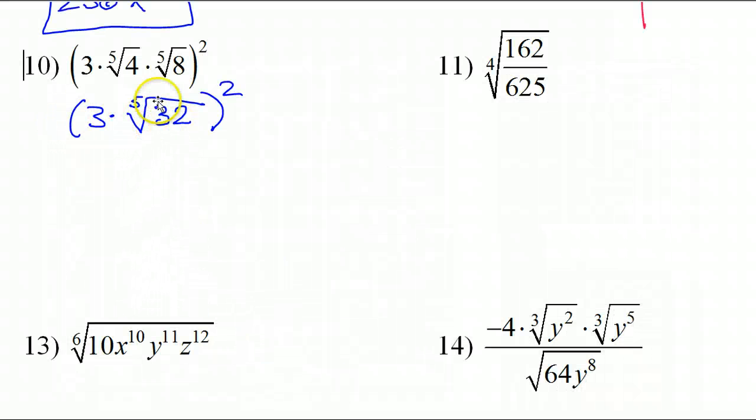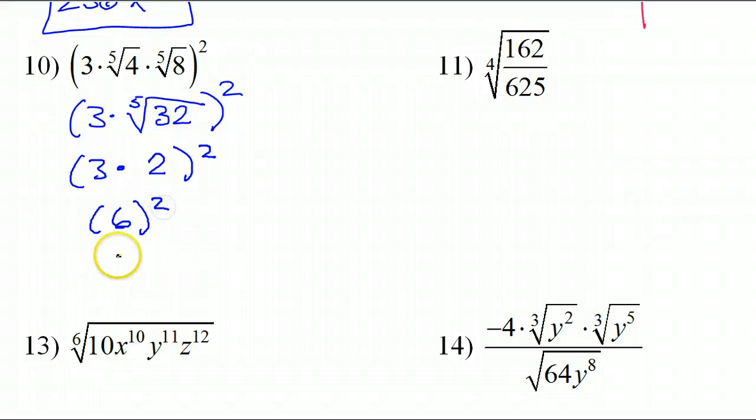So this will just become a plain old ordinary 2. And then 3 times 2 is 6. So I have 6 to the 2nd power, which is 36. So kabam, there you go.